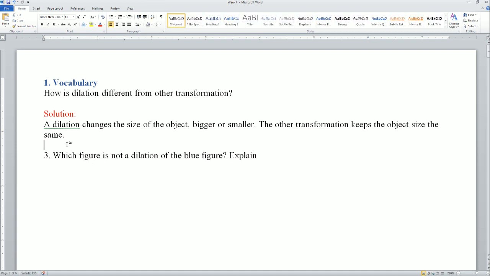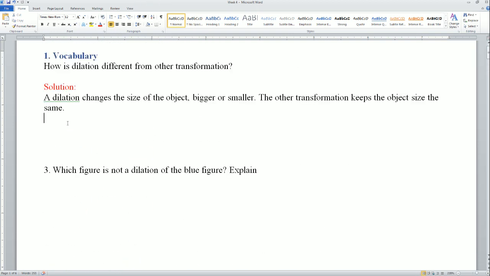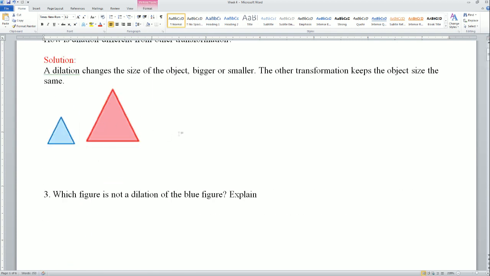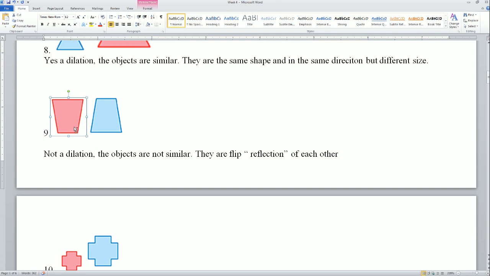Alright, so let me grab some images that are going to help us. This and this would be a perfect example of a dilation, because the object size changes. Let's look at this one.